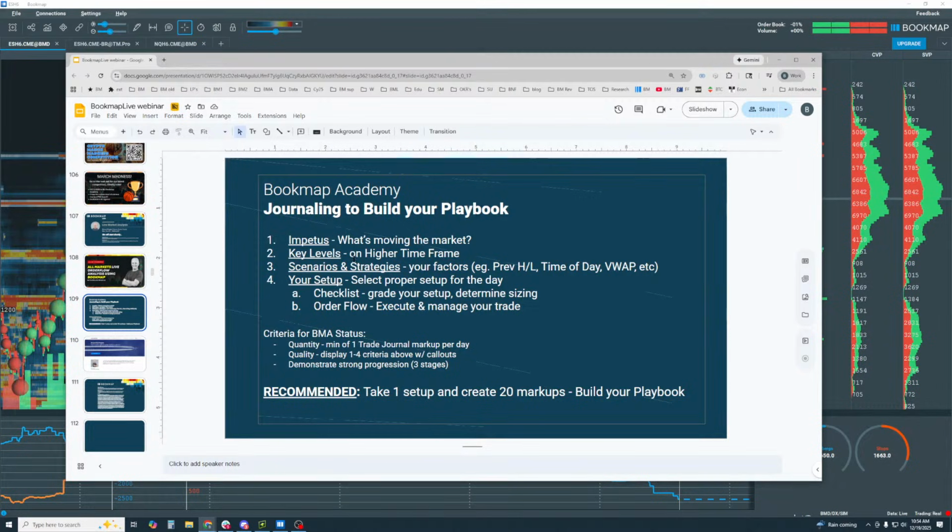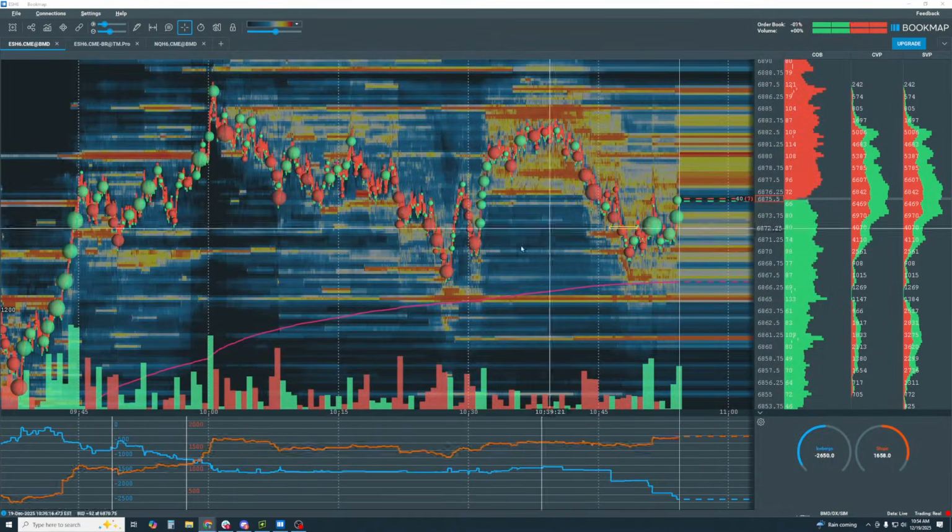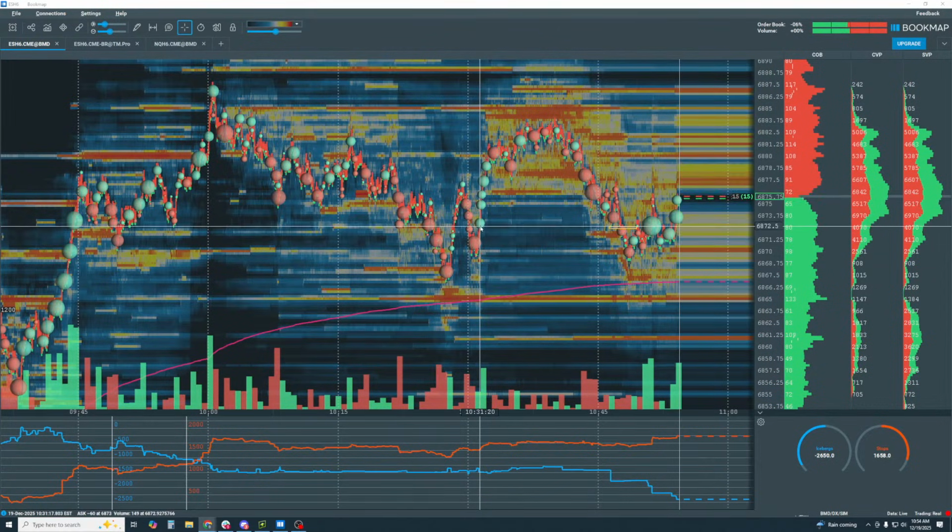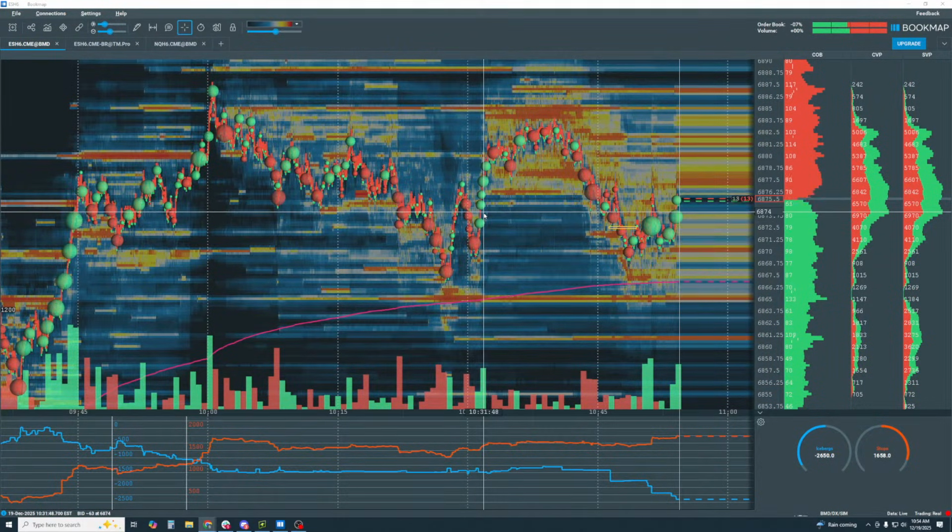And then your key levels, and then your scenarios, and then finally your setup. If you have these all aligned, you have more chances of it becoming a positive outcome.